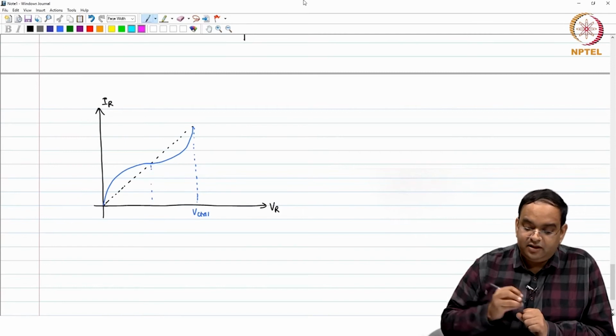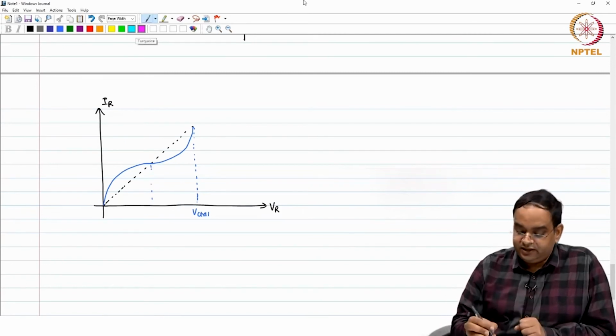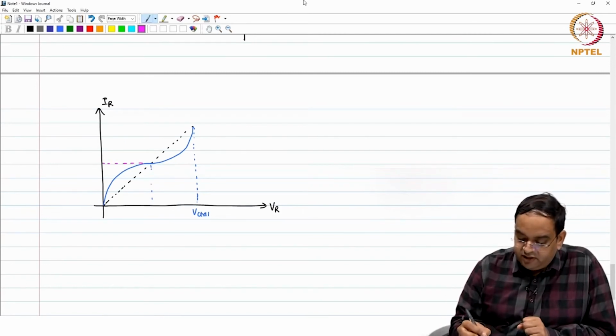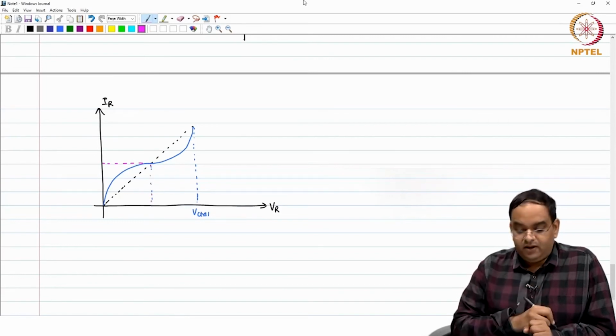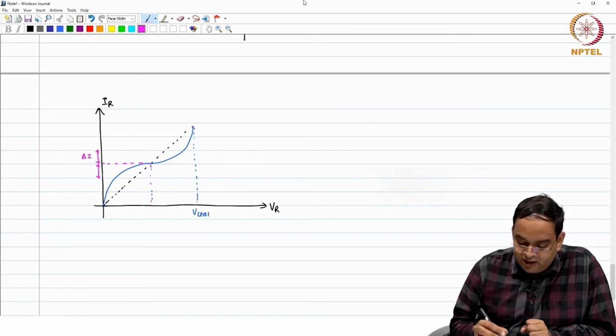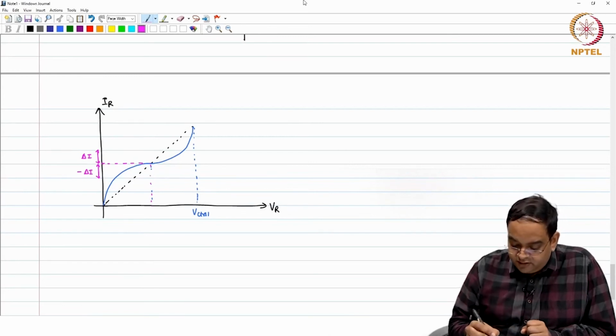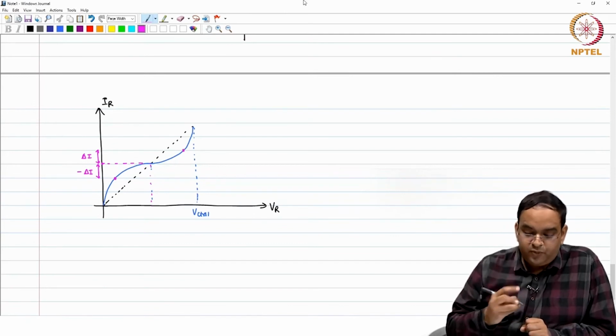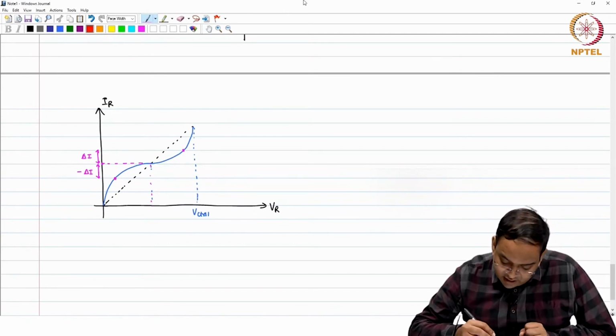The interesting thing for these characteristics is that if you look from the midpoint, right, then you go minus delta I down or you go plus delta I up. So, this is going delta I up and this is going delta I down from this point, right. You pick up these points. The slope of IR versus VR, or the resistance value which you know.